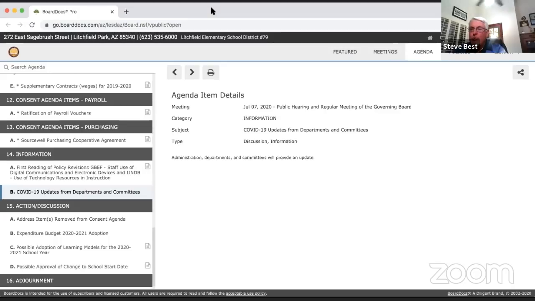We're going to also ensure that students are in assigned seats and that siblings from the same household will be seated together. We're also going to wear new disposable gloves when attending to each student. So if there's an issue that we need to get involved with a student and we need to be in close proximity, we'll be wearing a clean pair of gloves, either the driver or the monitor.